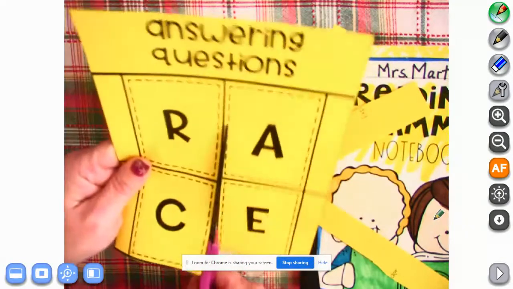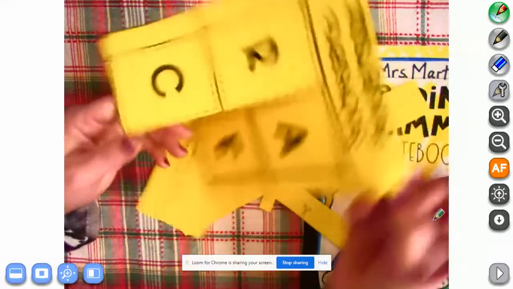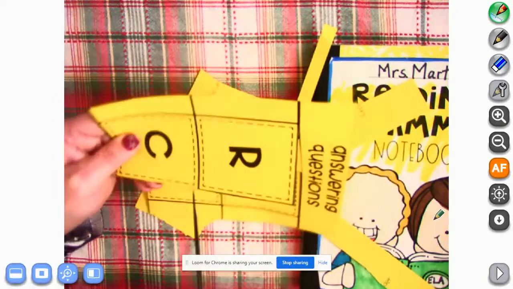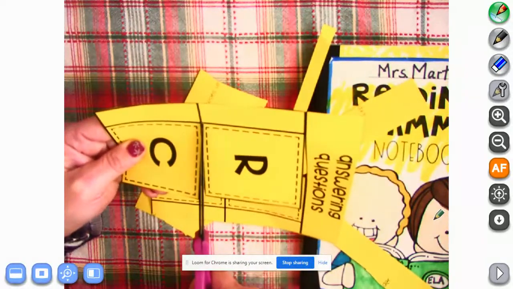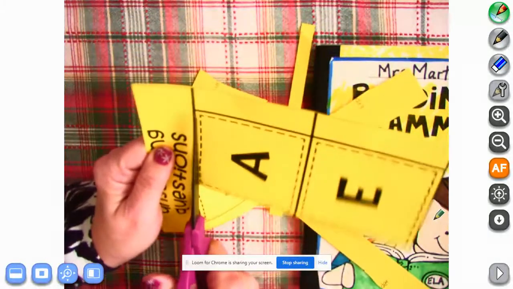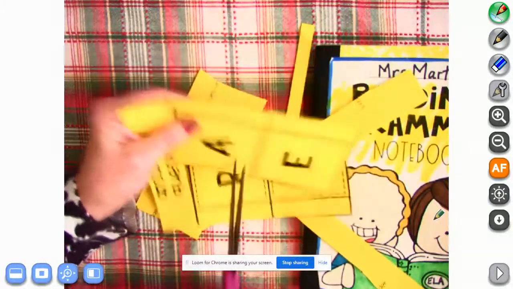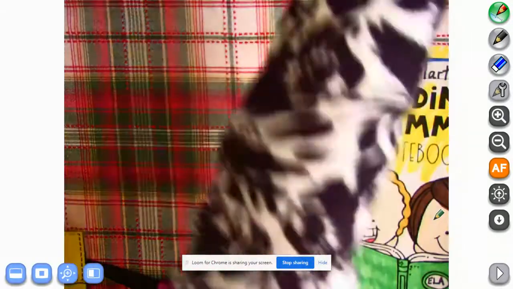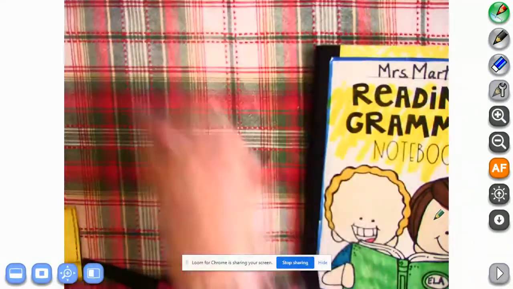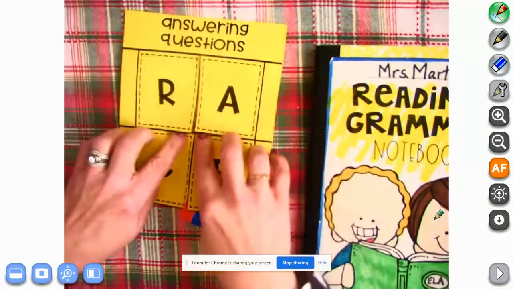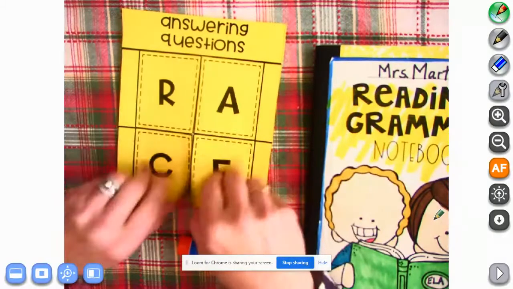We're going to cut up the middle. And then we're just going to turn it and cut these little doors so that we can open each door. All right, so when you're finished, then you have your little doors that you can open.